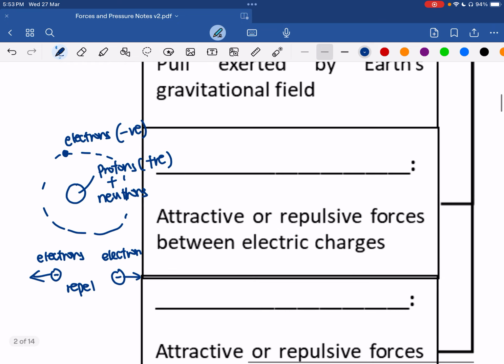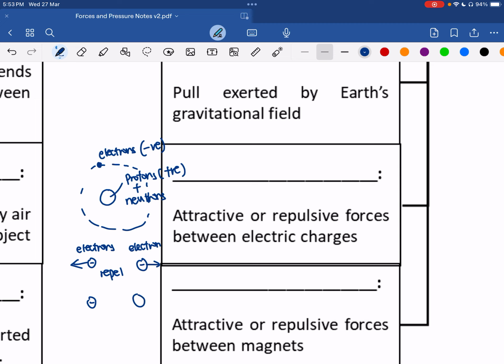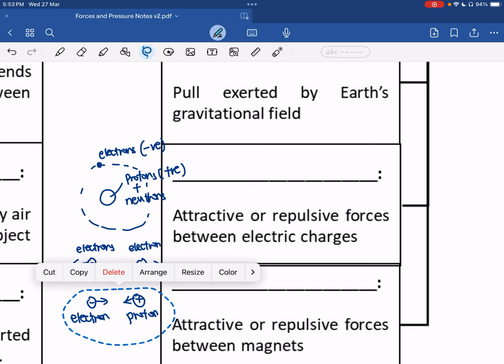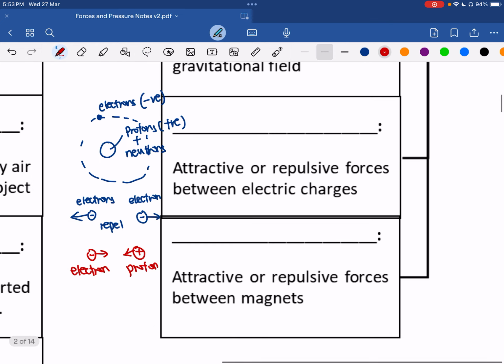If they are unlike charges, like an electron and a proton, they will attract. These are called electrostatic forces.